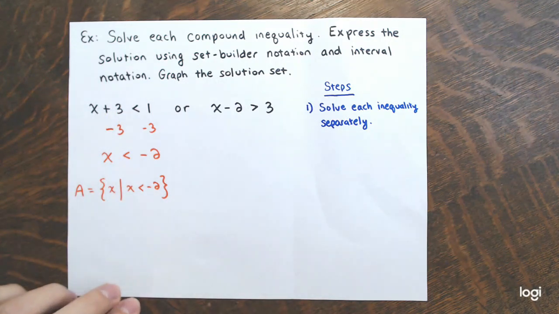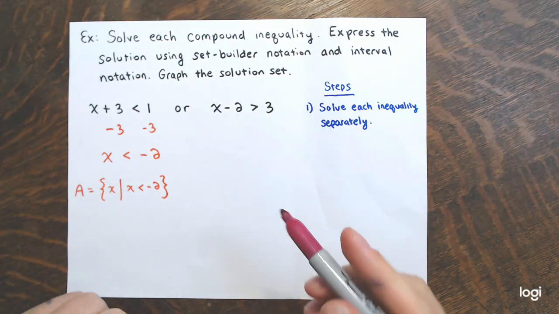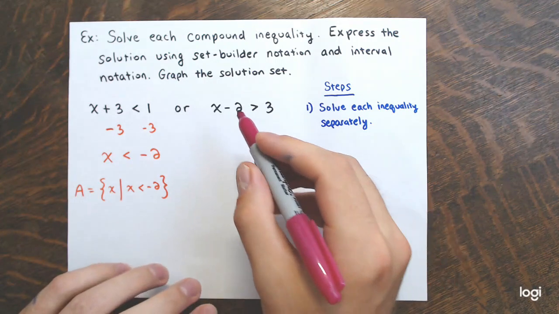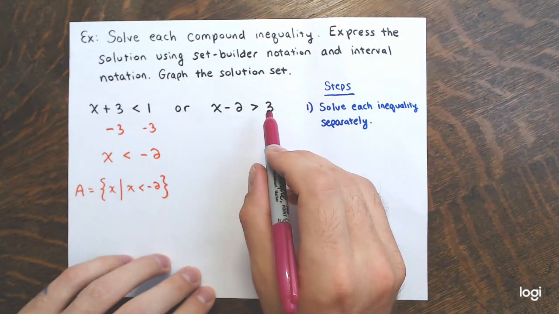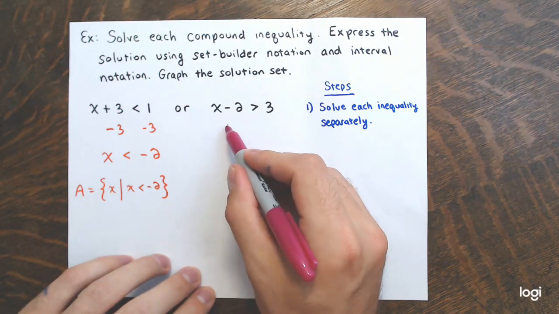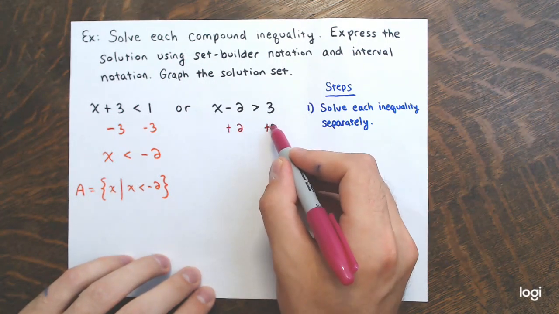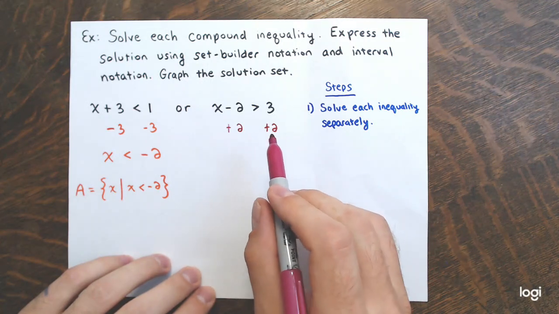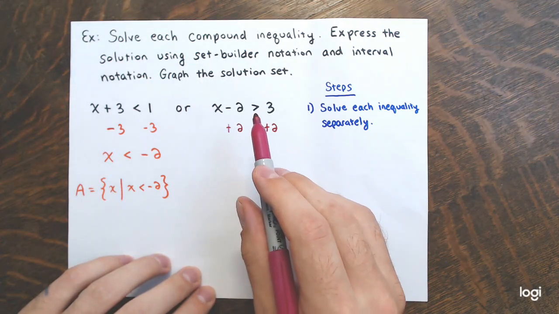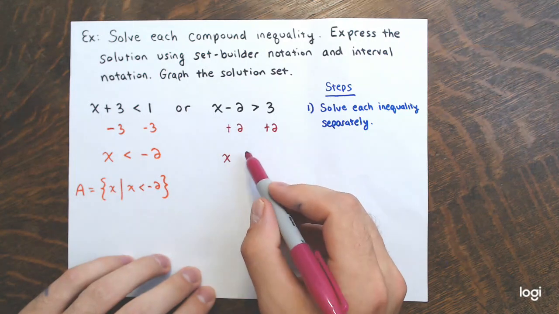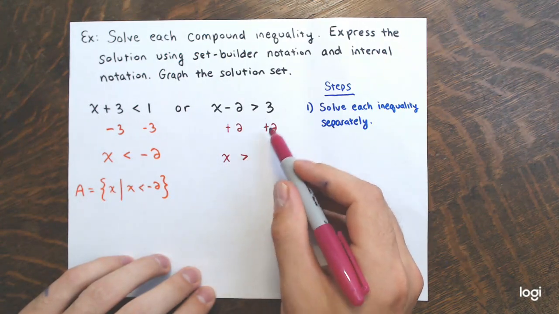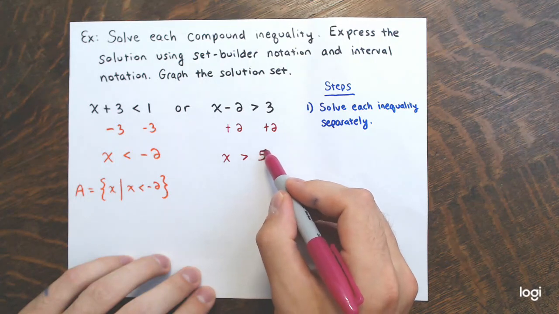Then in another color, this magenta or fuchsia color, I'm going to solve this inequality. x minus 2 is greater than 3, simple: just add 2 to both sides. Again, when you add or subtract the same number to both sides of an inequality, the direction does not change, so it would still be x is greater than, and 3 plus 2 is 5 on the right.